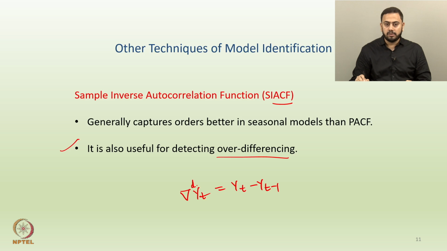But if you keep on differencing unnecessarily, or the amount of differencing that you pursue is much more than the expected number of differencing, then this SI-ACF function detects the over differencing which is happening. Probably in the next session we will extend this idea, see some examples, and then possibly move ahead. Thank you.